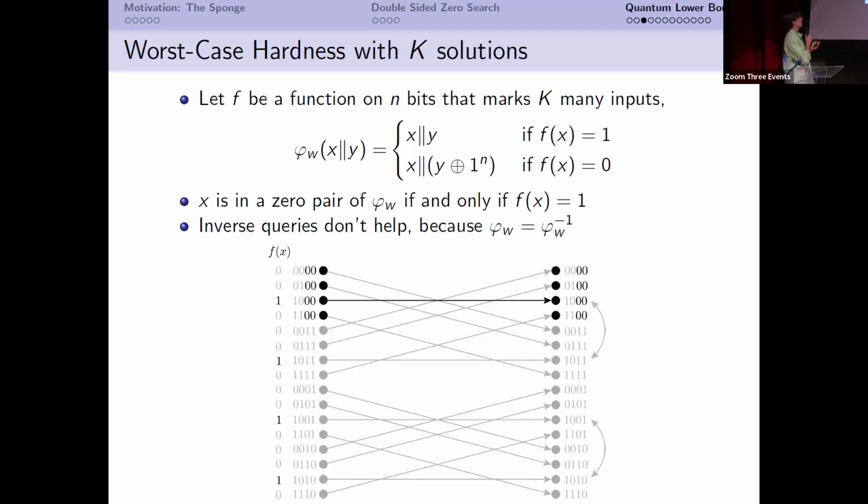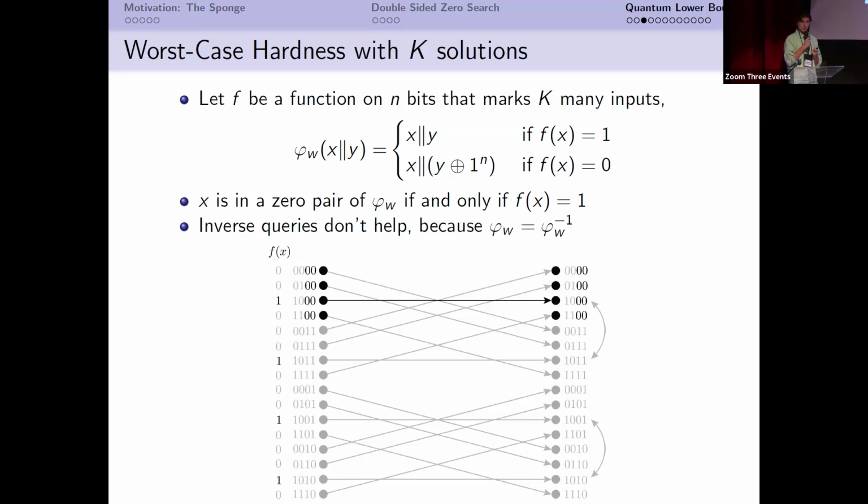Okay, so the worst case instance we construct has two cases. To figure out which case you're in, you look at the prefix of some input, the first half, and run it through F. If the prefix is unmarked, then we do the same thing we did on the last slide: we flip the last n bits. This ensures that any unmarked prefix can't participate in a zero pair, because of the argument I just gave you.